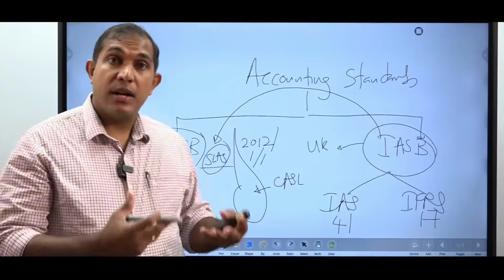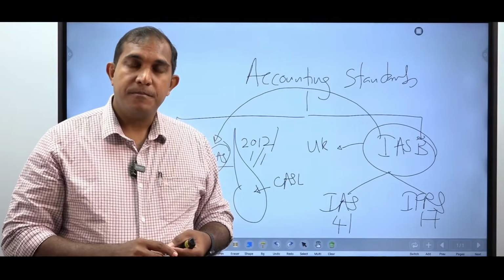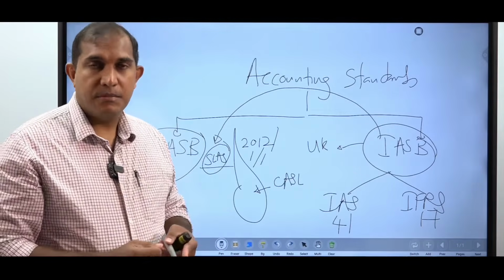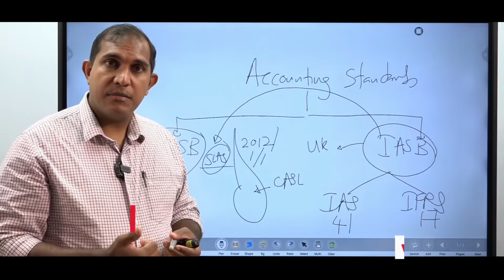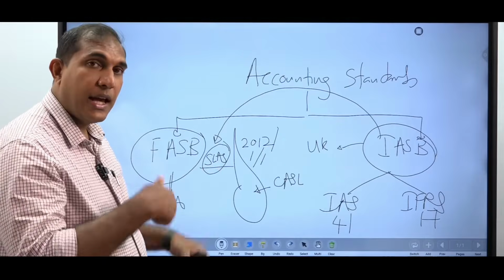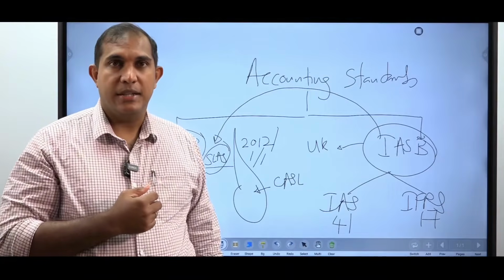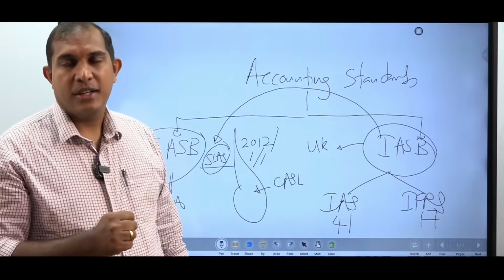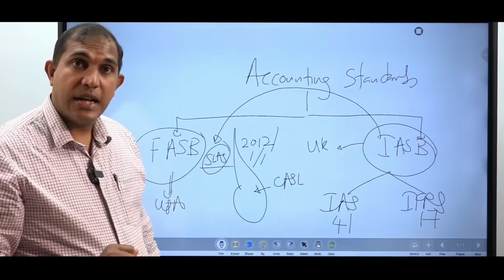There are disadvantages of using local accounting standards. For instance, when there are multinational companies, they need to prepare their financial statements based on SLAS as well as their parent country's relevant accounting standards. So therefore, one activity, two costs. That's one of the disadvantages of using local accounting standards.